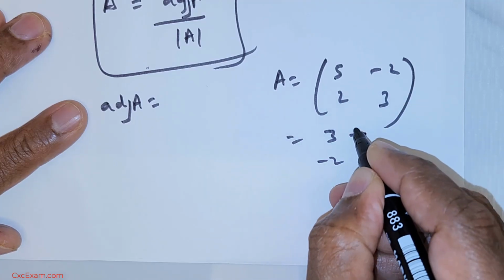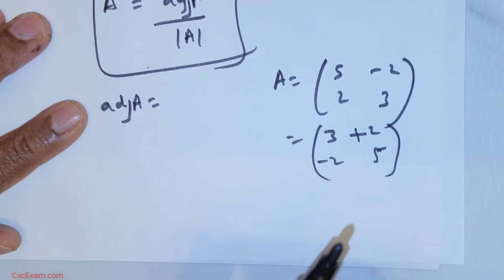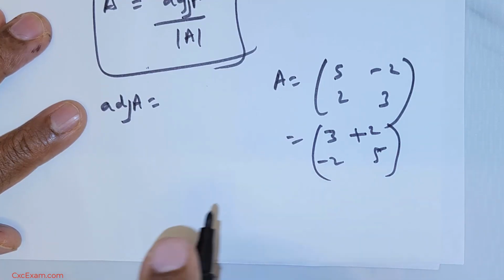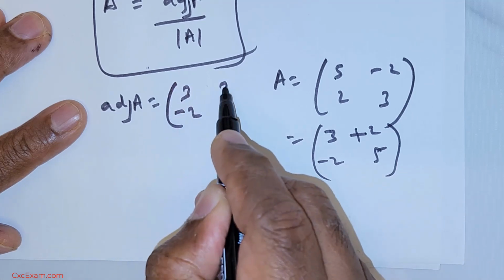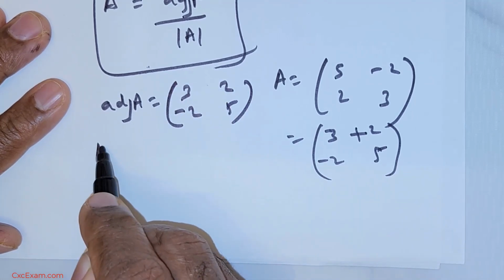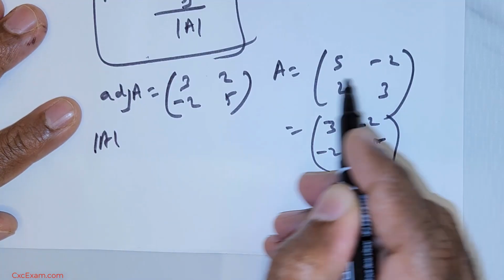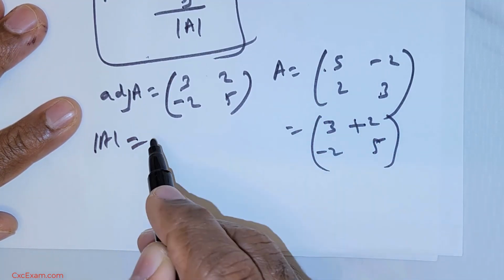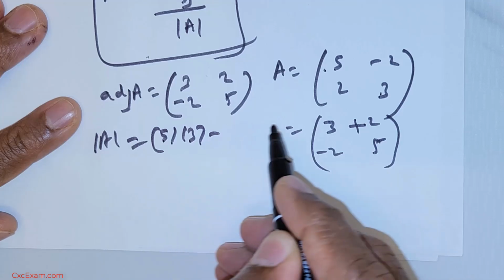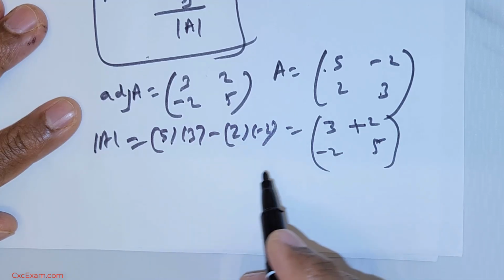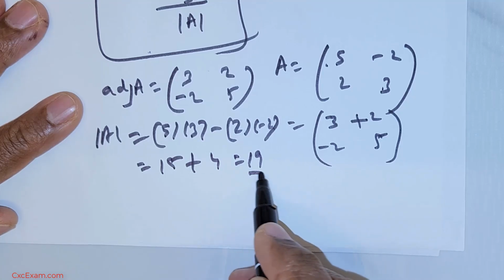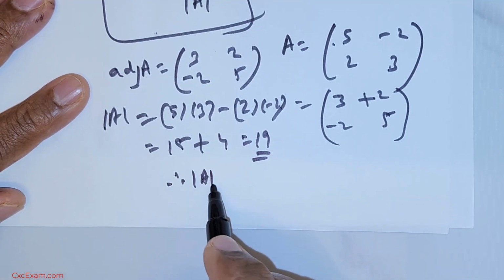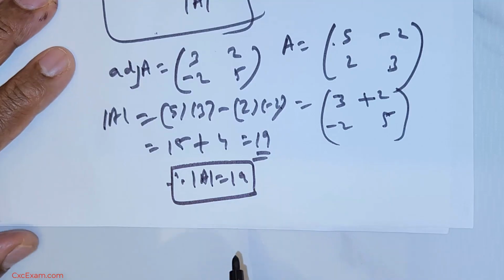So -2 becomes positive 2. So this will be the adjoint value, that is [3, 2; -2, 5]. And the determinant of A, that is going to be 5 times 3 minus -2 times 2, which is 15 + 4, which is going to give me 19. So determinant of A is 19.